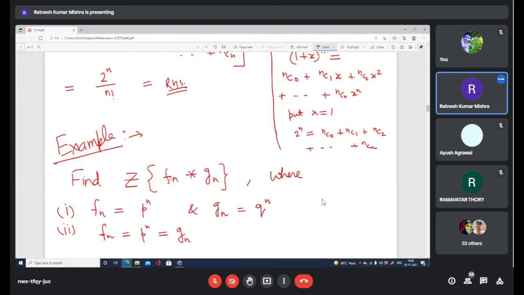Both are same. Also verify the convolution theorem in each case.